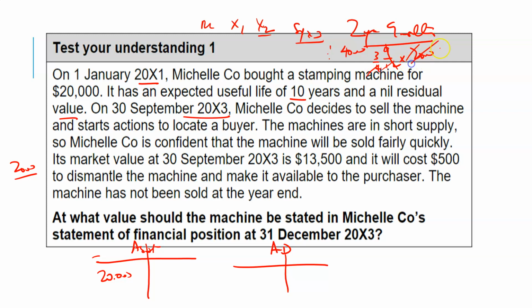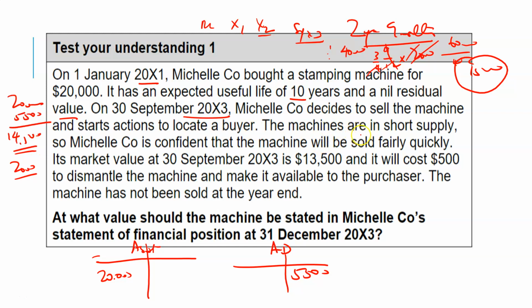So 3 into 6, of course, over 4 is 1,500. So we know that's 1,500. So we have a current total accumulated depreciation of 5,500. So currently the net book value, as we stand, 20,000 minus 5,500 is 14,500. That's the net book value.